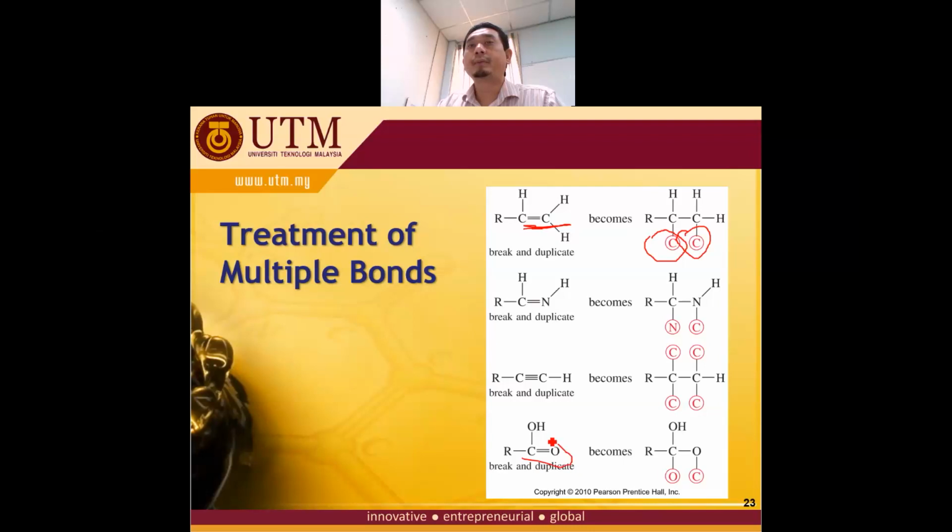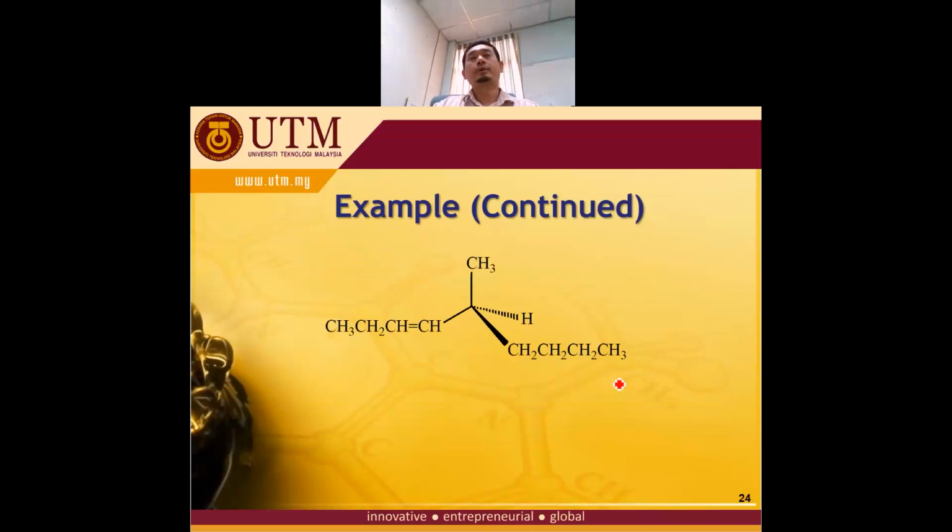If C double bond O, it will become C attached to O, O attached to C, so that it has three atoms attached to the chiral carbon. This is another example.